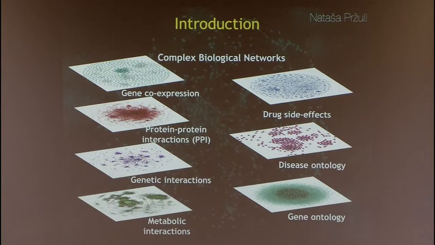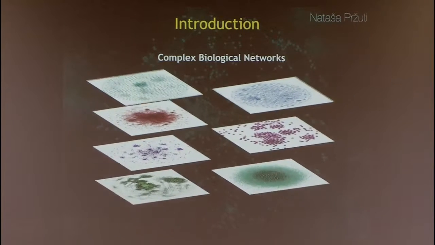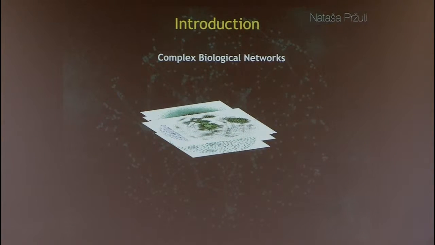So basically, we have all of these network data types: co-expression, protein interactions, various genetic interactions, metabolic networks. Then we have various ontologies such as disease ontology, gene ontology. Then we can have drug side effects. We have so much data, and there are questions of how much information we can take out of each of these data sources individually, and then how we fuse them all together to see what they collectively tell us.